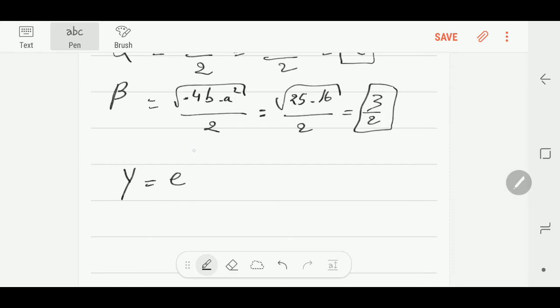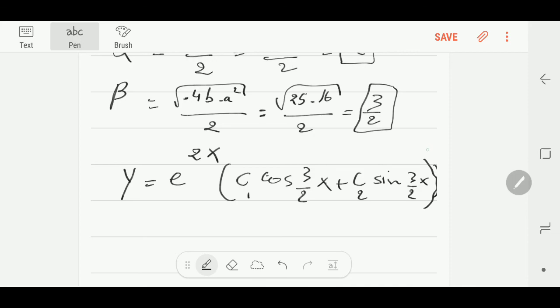In our case, alpha is 2, so I'm going to write directly e to the 2x times C1 cos beta x. What's our beta? Beta is 3 over 2. So C1 cos of 3 over 2 x plus C2 sine of 3 over 2 x. This is the general solution.